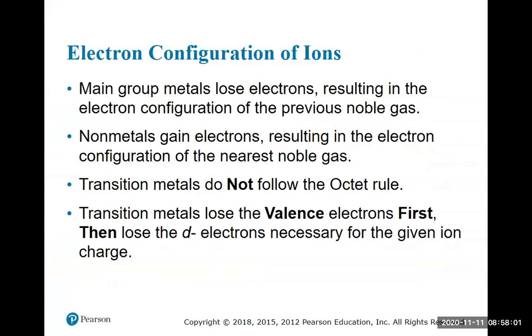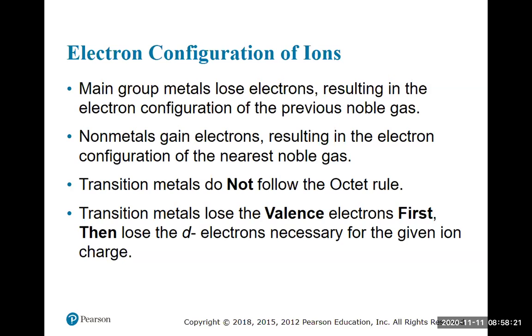So let's talk a little bit more about electron configuration of ions, which is what we were doing in there. The main group metals lose electrons, and that results in giving you a noble gas type of electron configuration.